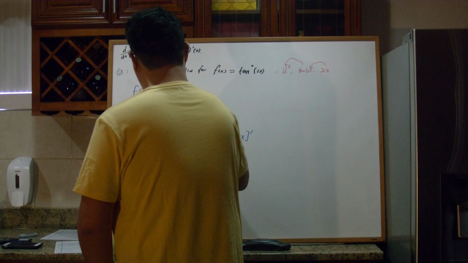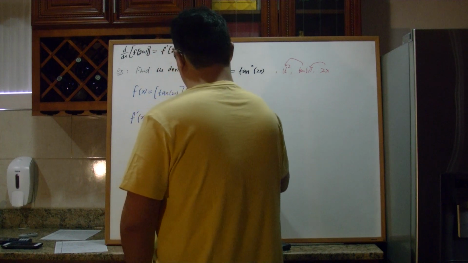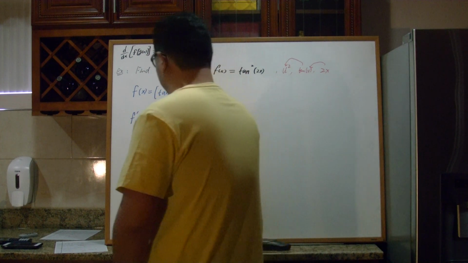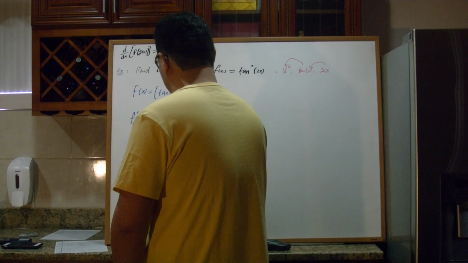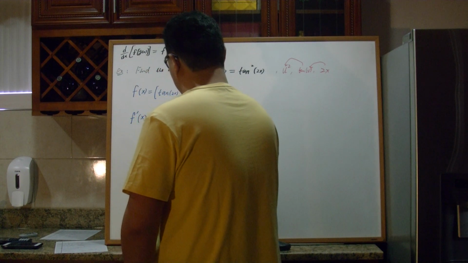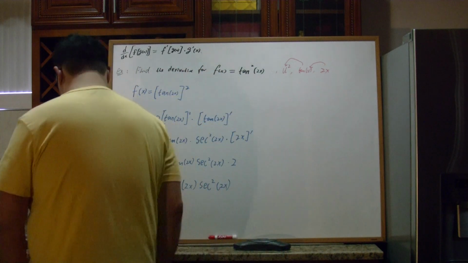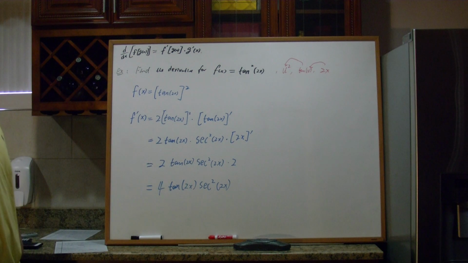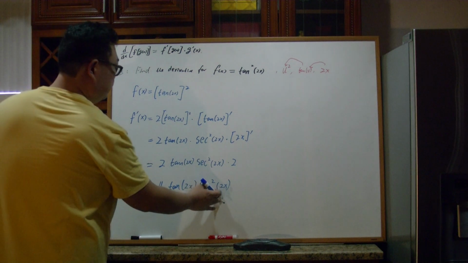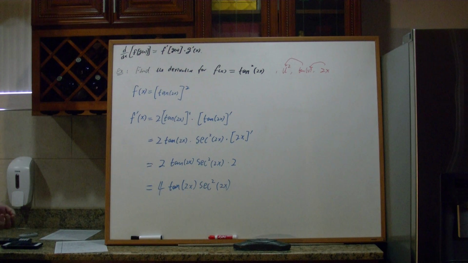Two tangent 2x secant squared 2x times 2, that is 4 tangent 2x secant squared 2x. I just do the composite one by one.